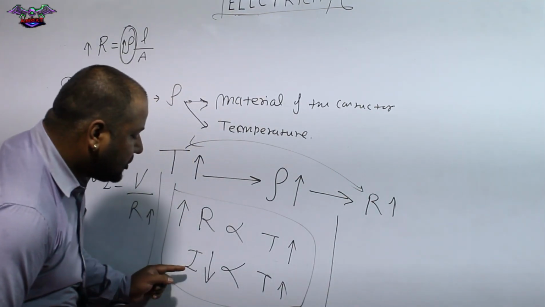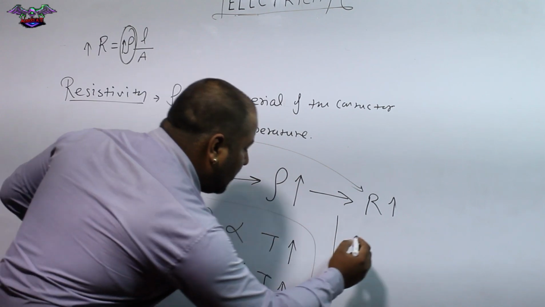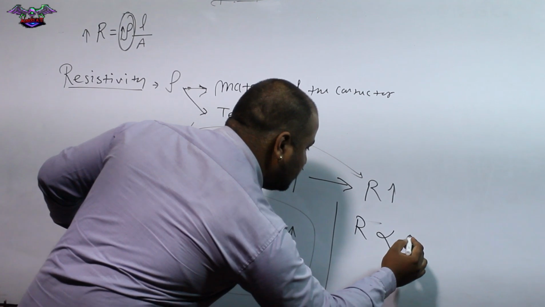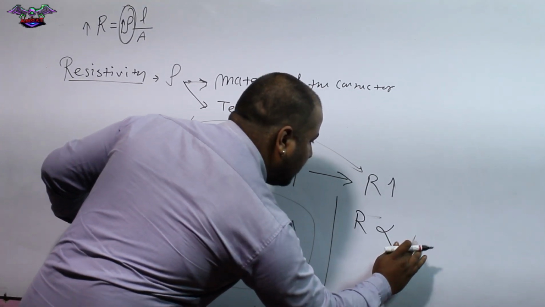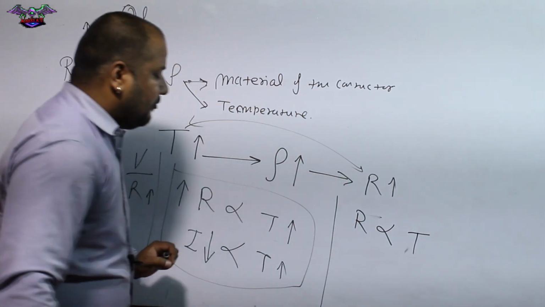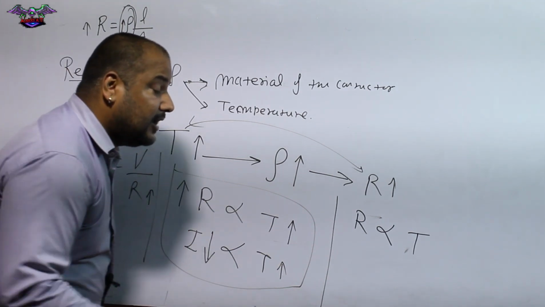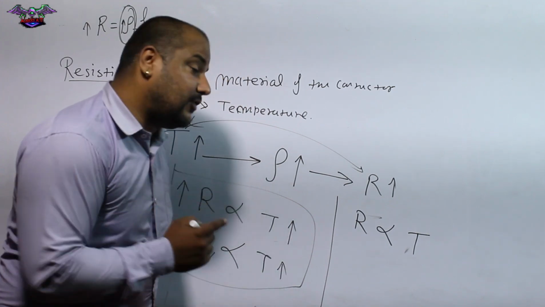We know very well that resistance is directly proportional to the temperature. We discussed that as the temperature is increasing, resistance is increasing. If I reduce the temperature, what will happen?